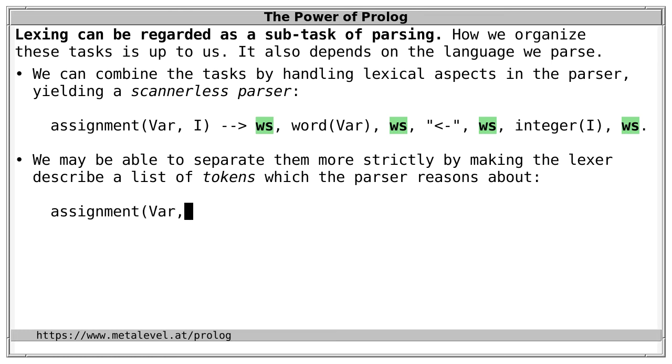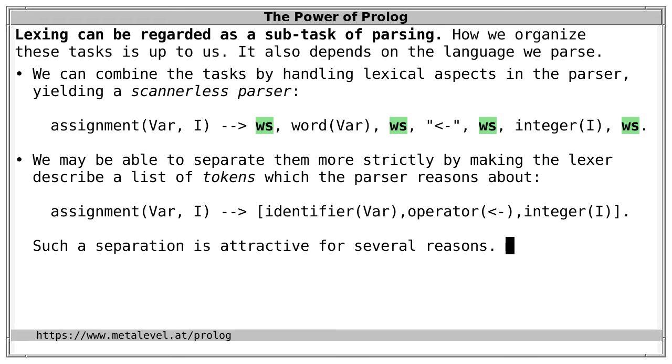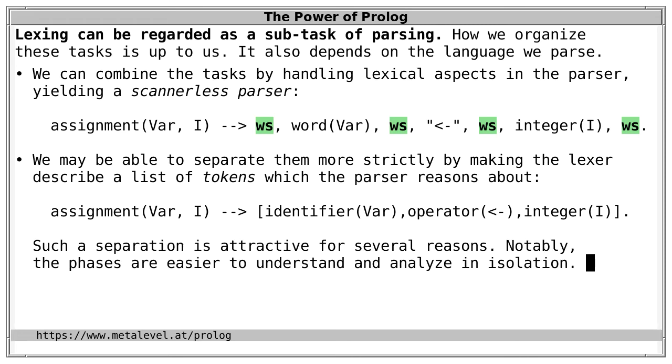And with such a separation, we may say, for example, an assignment is a sequence of tokens, such as an identifier, an operator, and an integer I. So the parser now no longer reasons about the concrete syntax, but rather about these tokens. And such a separation is of course attractive for several reasons, maybe most notably because the phases are easier to understand in isolation. And it may also be more efficient and easier to optimize and so on.